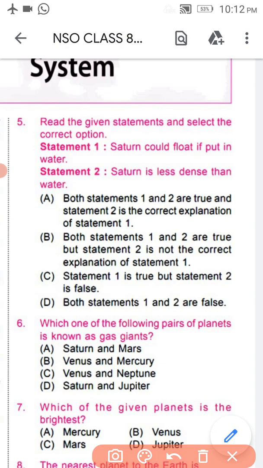So obviously statement 1 is true, and why? Because Saturn is less dense than water. That's why it will float. So both statements 1 and 2 are true, and statement 2 is the correct explanation of statement 1. So this is the correct option.